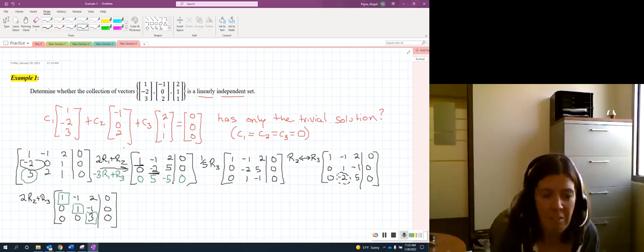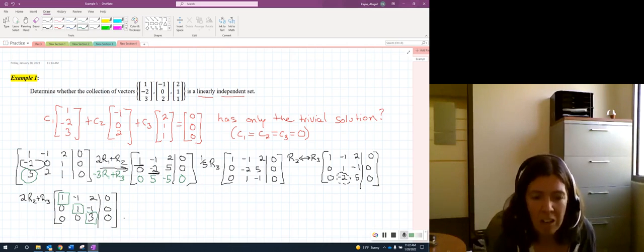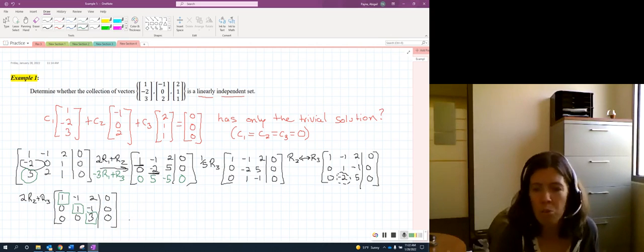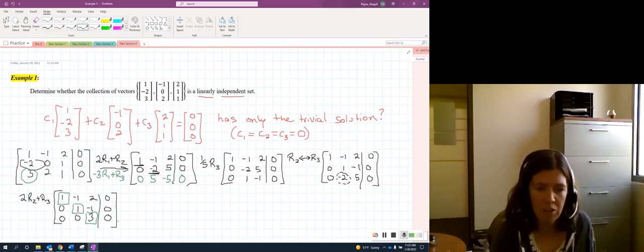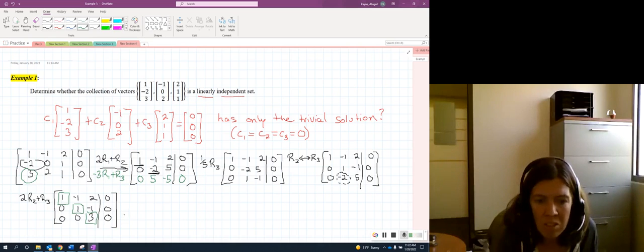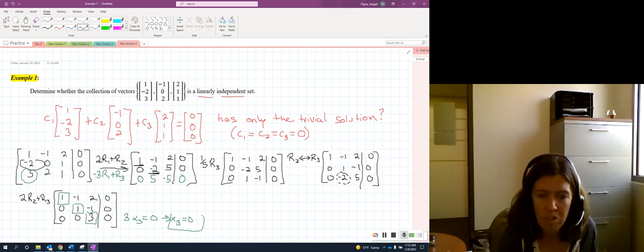So that's definitely noteworthy. Let me say first, suppose we're moving along trying to solve the system. What you might do next is for row 3, write 3 times x3 equals 0. Well, the only way that's true is if x3 equals 0. So we've established that x3 has to equal 0.